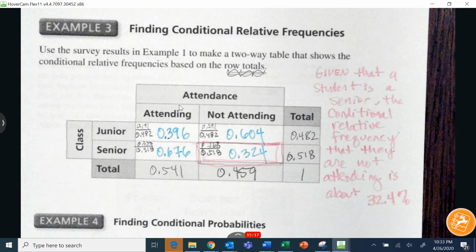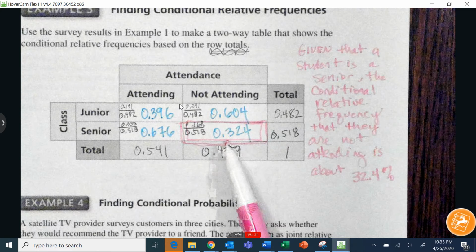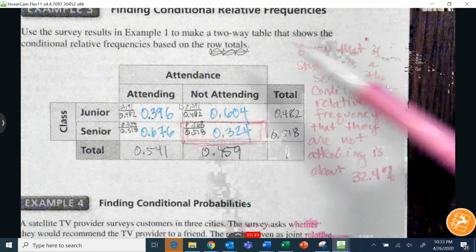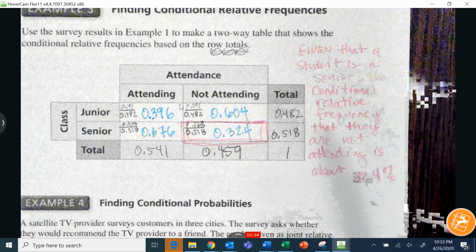So percent-wise, if I look at 0.324 multiplied by 100, the chances that a senior is not attending would be 32.4%.